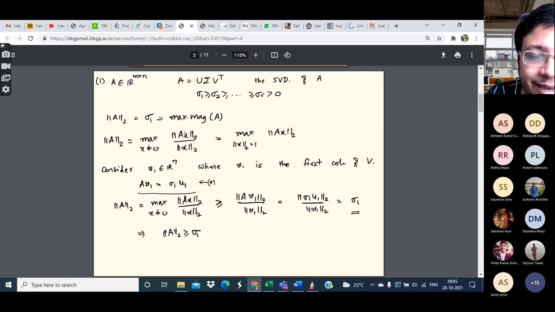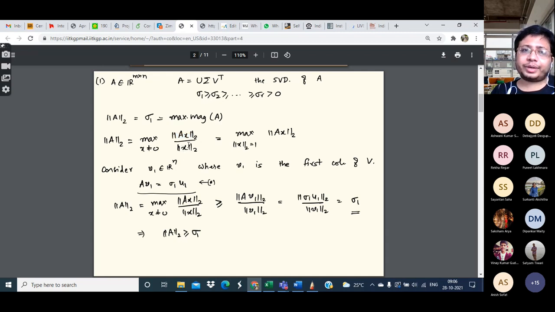Remember that A is an m cross n matrix, and x is an n dimensional vector. So Ax is an m cross n times n cross 1 product, that is, Ax is an m cross 1 vector. Since it is a vector, it will have its L2 norm, and that's what I am computing.